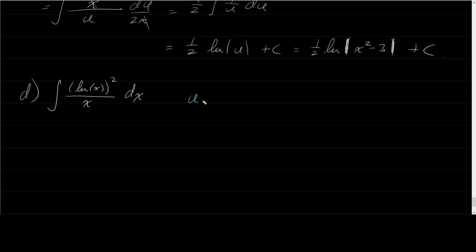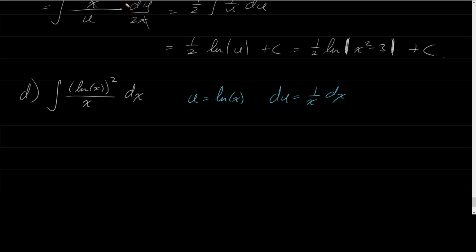Let u be equal to ln of x. Then du would be 1 over x dx. The reason I'm choosing u that way is because I see its derivative somewhere else in the problem. The derivative of ln of x is 1 over x, and I see a 1 over x right there.